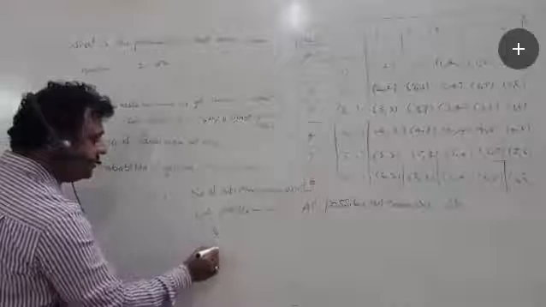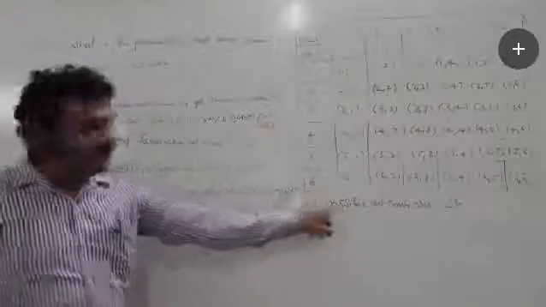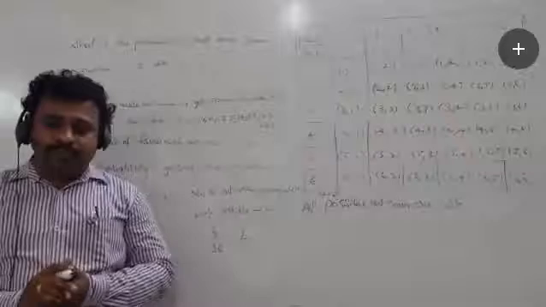The number of favorable outcomes is 6, all possible outcomes are 36, this is 1 by 6. Okay, students, I hope you understood.